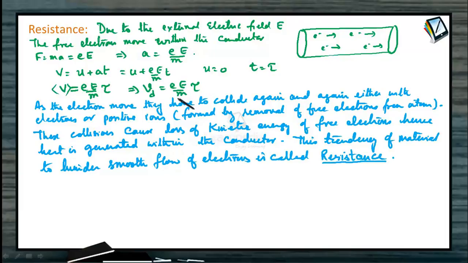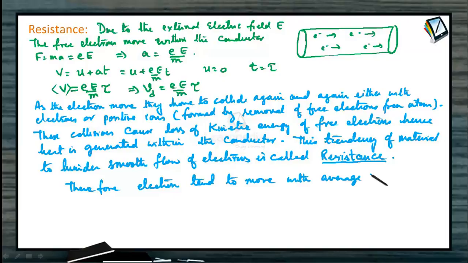So the electron which is moving inside the conductor, we assume it to be accelerating, so it should continuously acquire velocity. But we assume that the electron inside the conductor moves with a constant or average velocity, which we call the drift velocity, Vd.